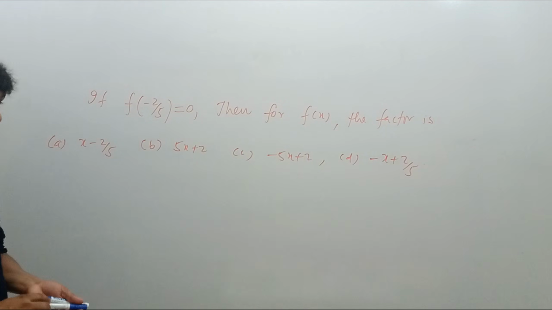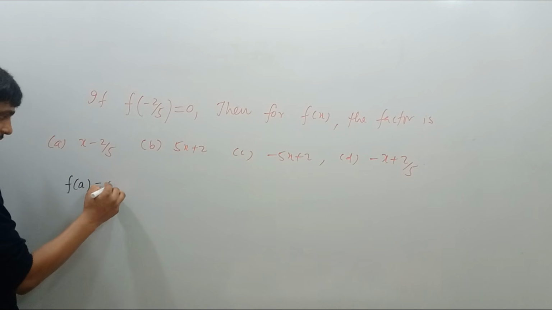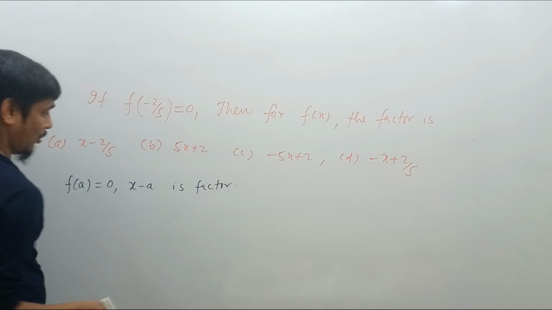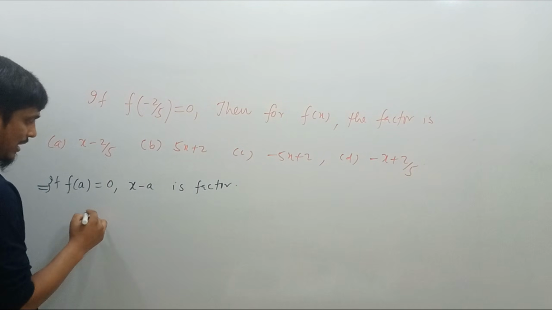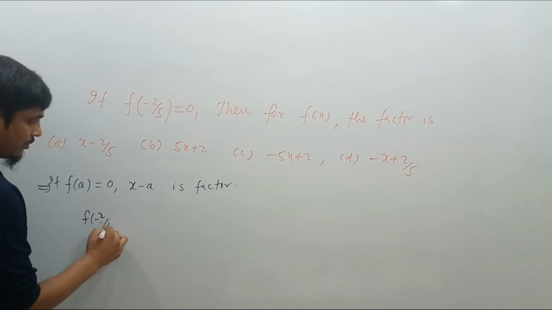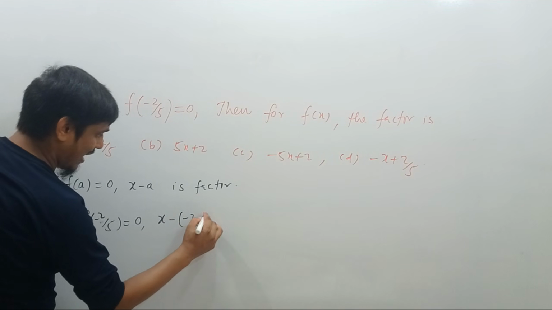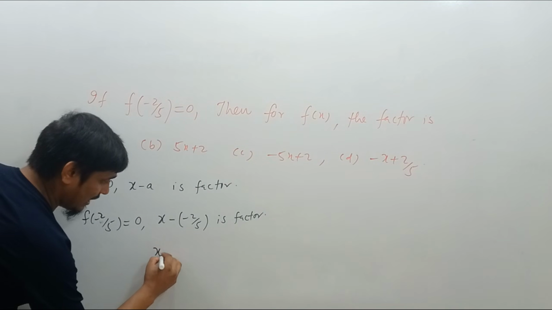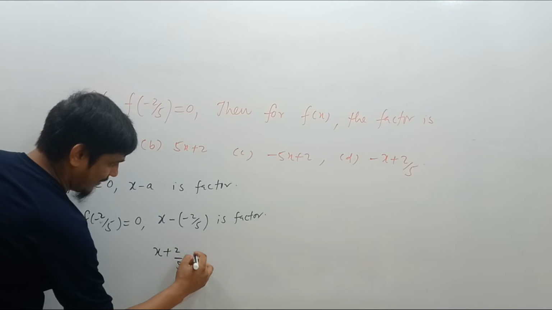Now using the factor theorem, what we said, if a polynomial's value at a is 0, then x minus a is a factor. So with this we can say that if f(minus 2 by 5) is 0, it means x plus 2 by 5 is a factor.